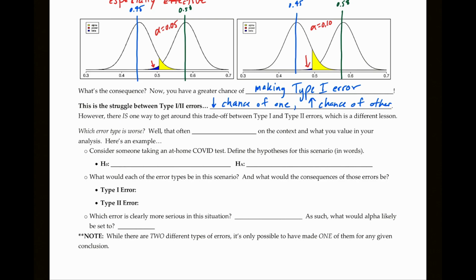Now there is a way to sort of get around this, which is a different lesson. We're not going to talk about this today, but I do want to end this video of notes with thinking about whether there are opportunities where you know that one of the errors is worse.